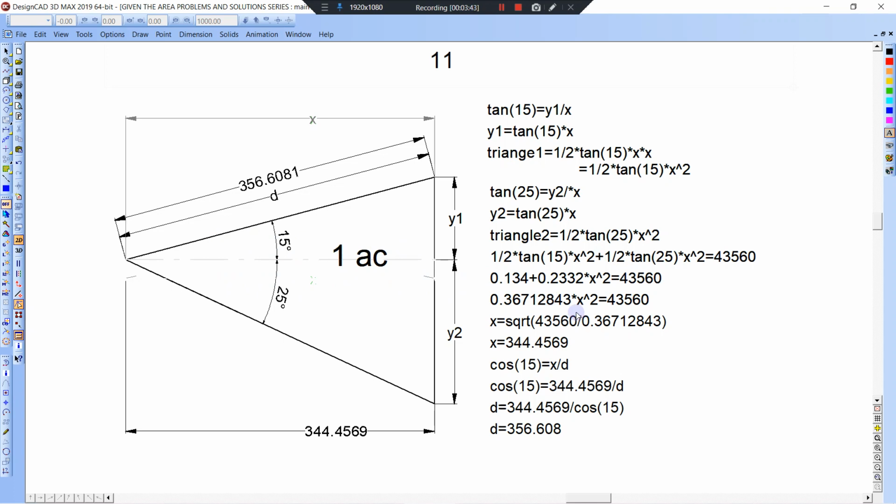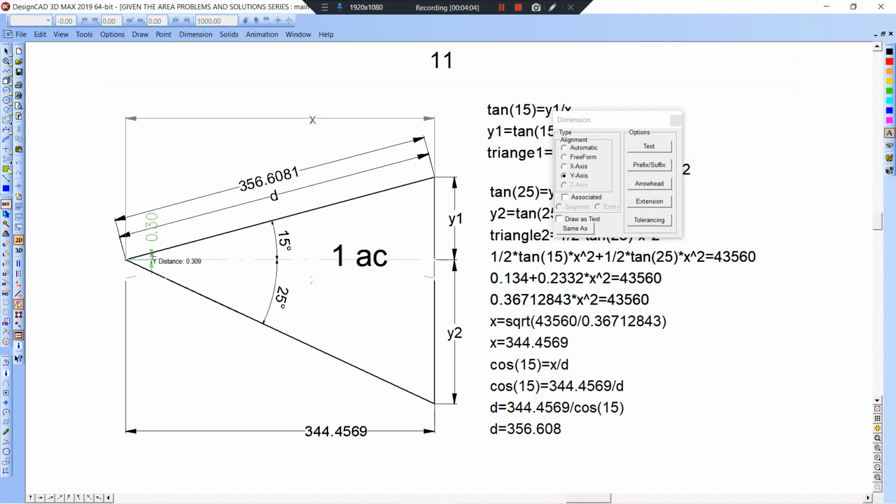So you add those and you end up with that times x squared is equal to 43,560. Then we want x squared by itself, so you move it to the other side. You end up with x squared is equal to 43,560 divided by 0.367. Take the square root, and you end up with 344.4569. And that is going to be this dimension right here.